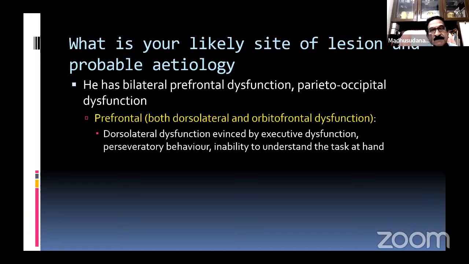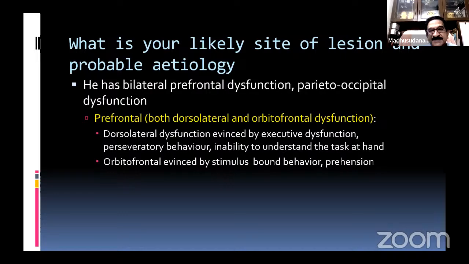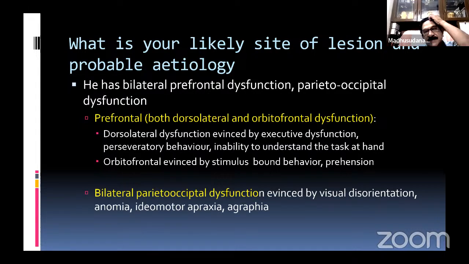Again, this substantiates the executive dysfunction. What is the evidence of orbitofrontal dysfunction? It's got utilization behavior, prehension, and so-called stimulus-bound behavior. Then it's got bilateral parieto-occipital involvement, with visual disorientation, anomia, ideomotor apraxia, and agraphia.